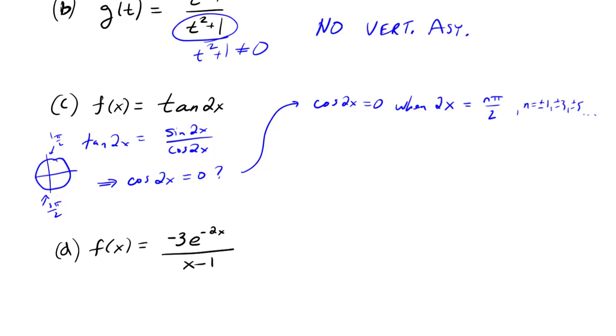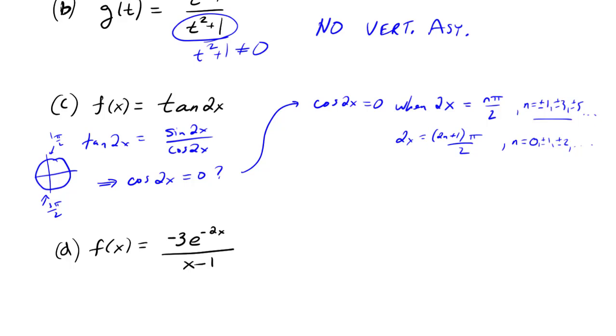Or another way I could write that is when 2x equals, so a nice way to just, instead of using odd n's, I could actually do 2n plus 1 pi over 2, and then just use n equals 0 plus or minus 1 plus or minus 2, etc. Just a way to come up with the odds. Any way is fine here.